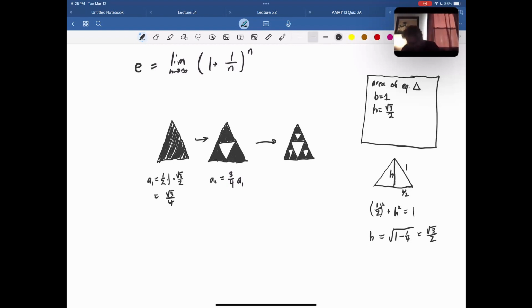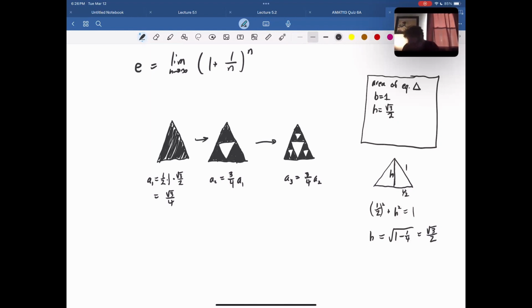And if we look at A3, the area of the third stack, you can see the same thing is happening. And so this winds up being a geometric recursion. You'll see right there how it works out.